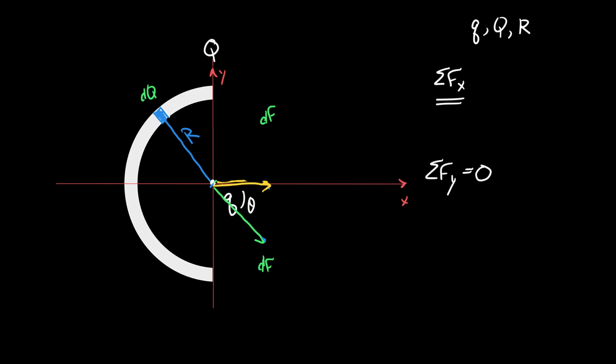I think to get the net force in the x direction, we're going to take each piece of force and multiply by the cosine of that angle to get the piece of force in the x direction.